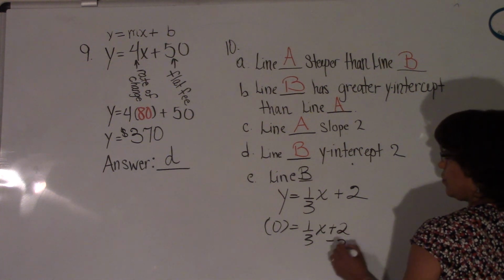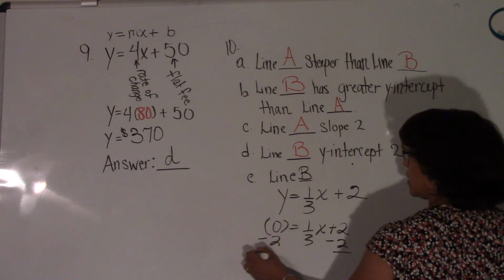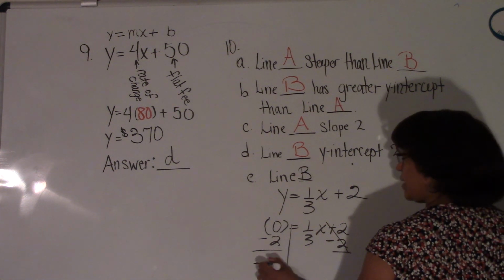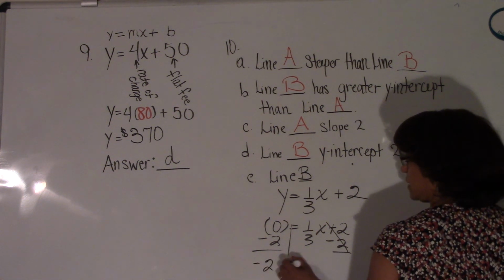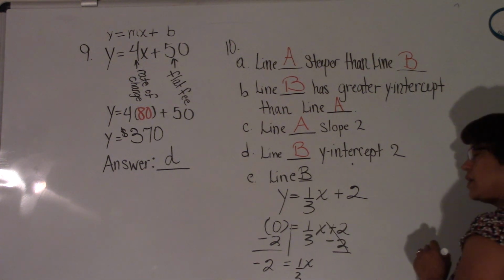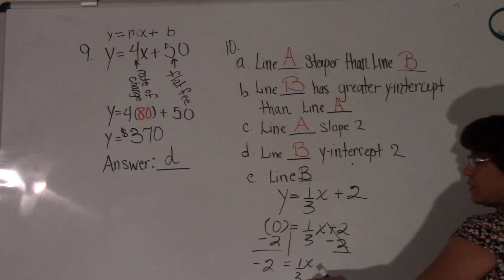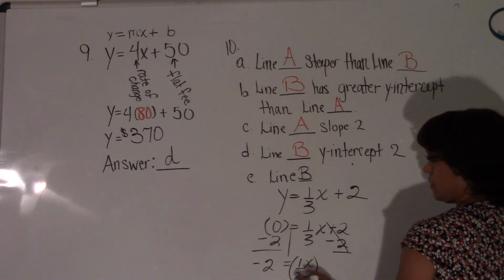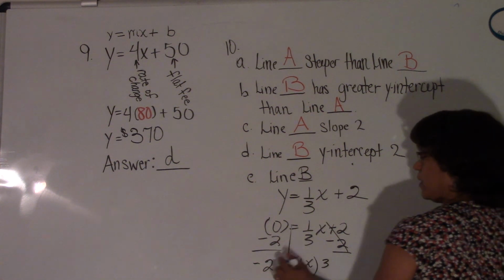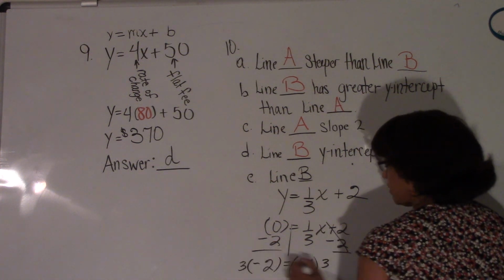Then we have to move our 2 so that we have the x on one side of the equation, and the other numbers on the other. Now we still have this 1/3, so we want to get rid of that fraction. We can multiply by the denominator, so we're going to multiply by 3 on both sides of our equation.